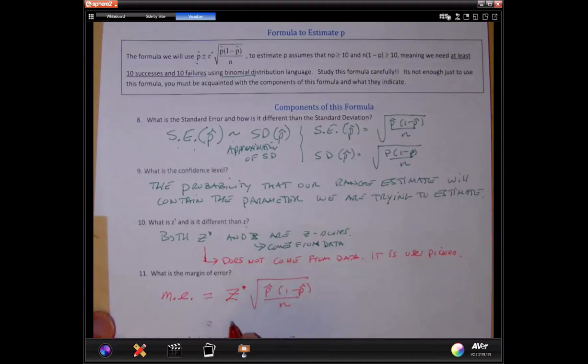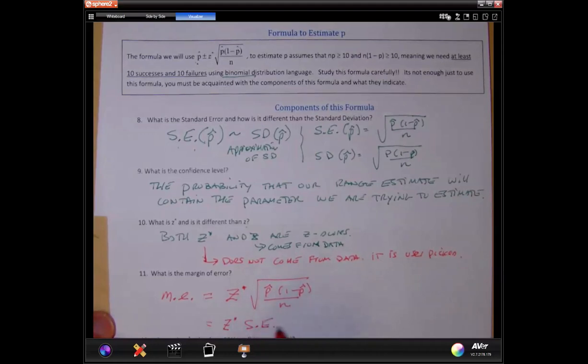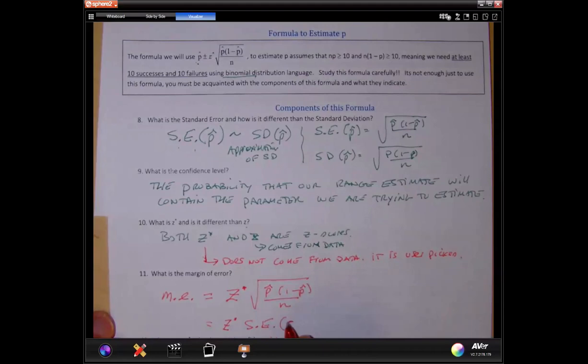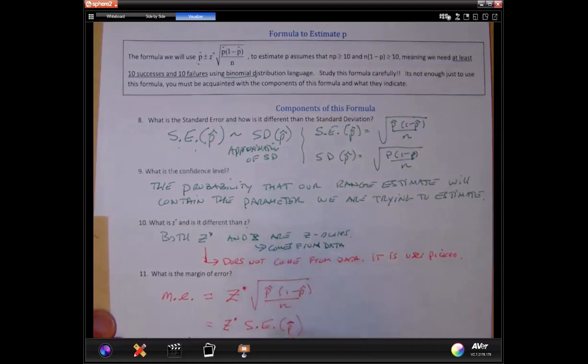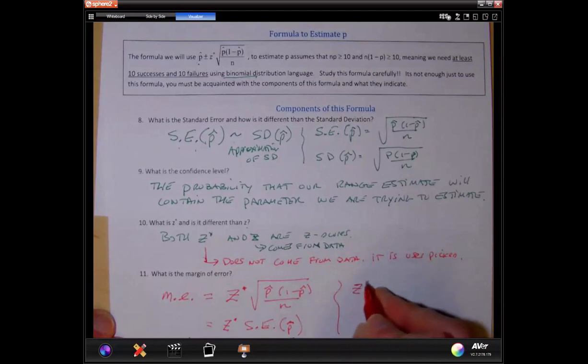So what we have here is z star times standard error, in this case of p hat, but it could be of any statistic. And often this is called the critical value. So this, again, does not come from data. Just note that z star is often called the critical value.